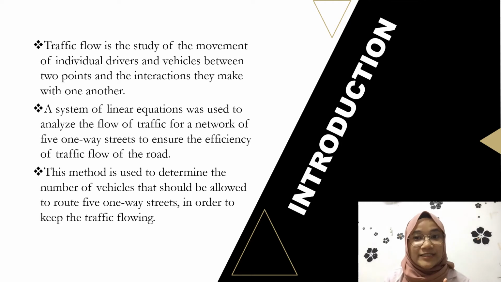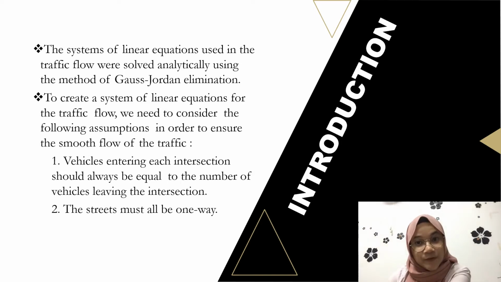This method is used to determine the number of vehicles that should be allowed to route the 5 one-way streets in order to keep the traffic flowing. In our case study, we use the method of Gauss-Jordan elimination to solve the system of linear equations.